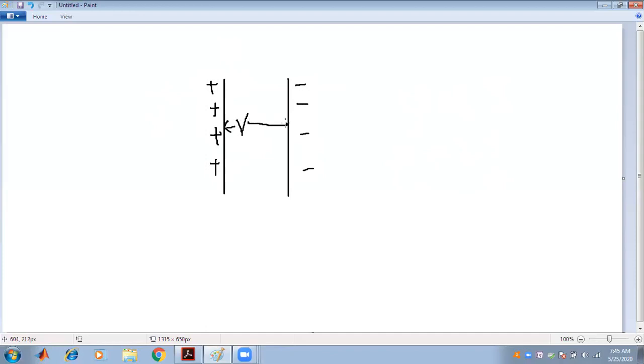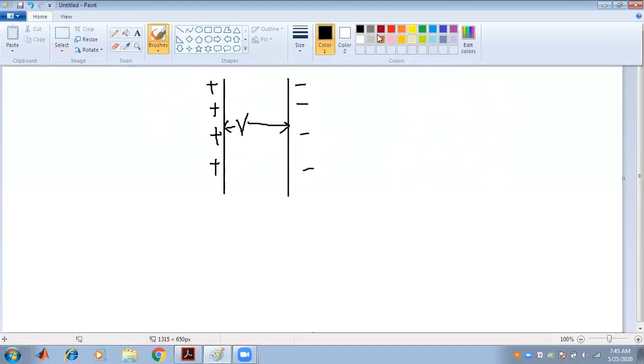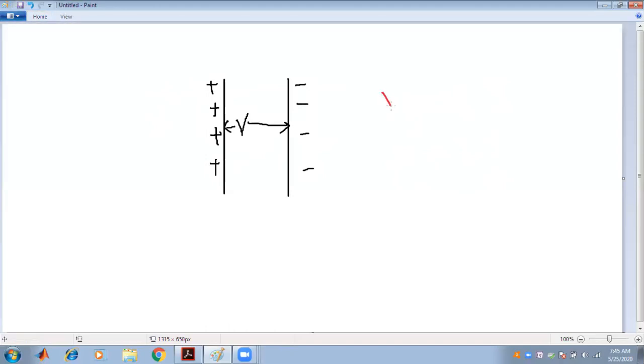So it is proposed that the potential difference that is created is directly proportional to the charge that is accumulated by the two parallel plates.